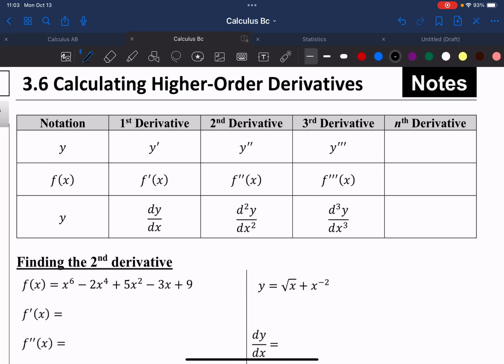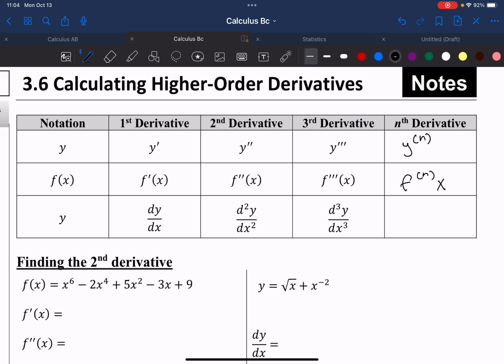If everything is in terms of y, then we have y prime as the first derivative, y double prime as the second derivative, and y triple prime as the third derivative. Or in other words, this is just y to the nth power, indicating how many derivatives we're taking. Same with f of x, this would just be f to the nth of x.